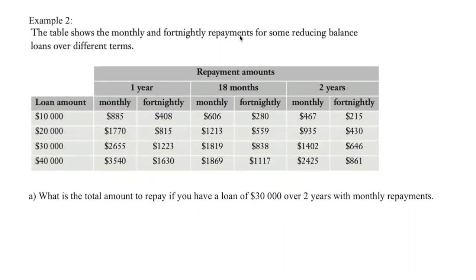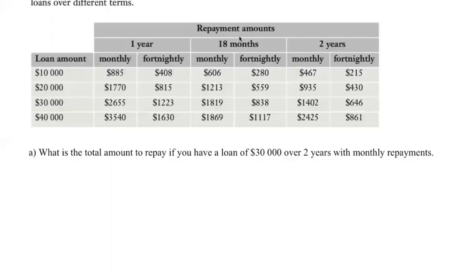What is the total amount to repay if you have a loan of $30,000 over 2 years with monthly repayments? Okay. So looking at this question, you'll notice that you're not actually given an interest rate in this particular one. Okay, so we might be able to assume that all of the loans are going to be at the same interest rate, and we're just looking at different terms, which is times.